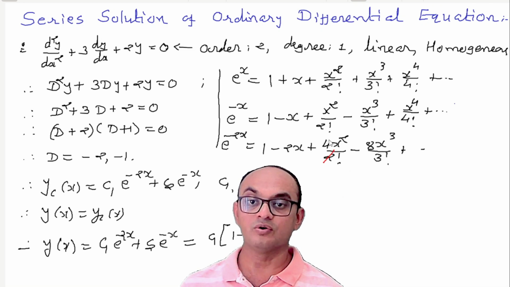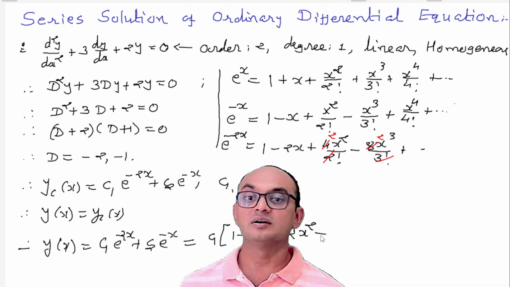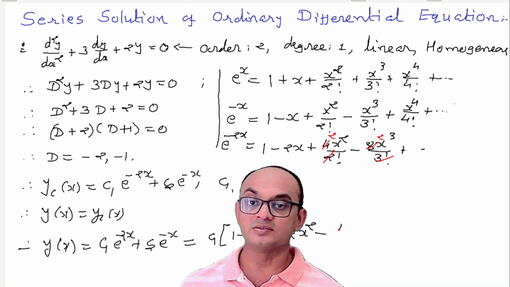Right, I can cancel out here 2, and here 2 again, and so I am writing directly here, this is 2x square, this is minus 8 divided by 3 into 2, which is 4 upon 3 x cube.